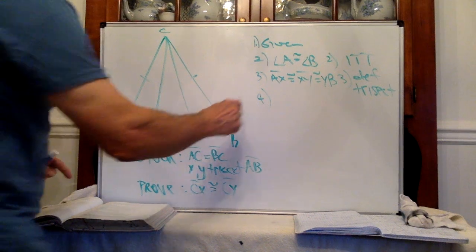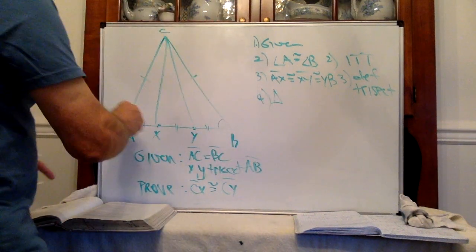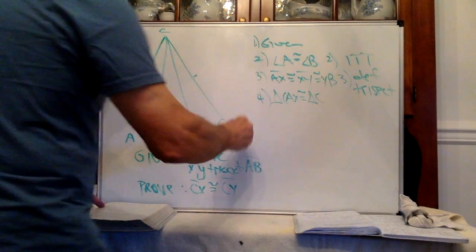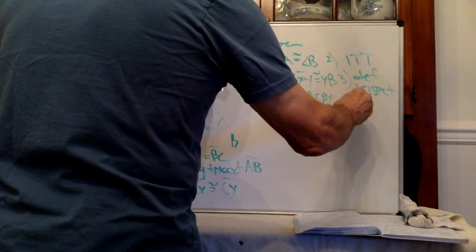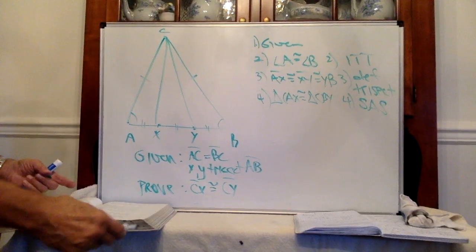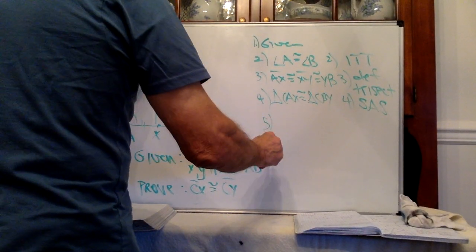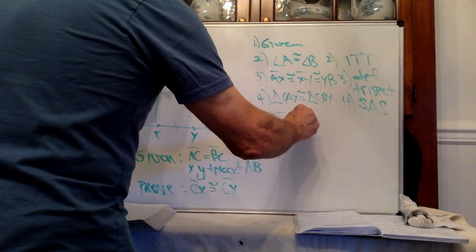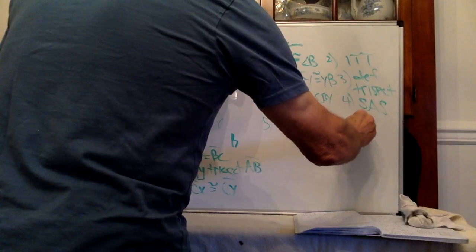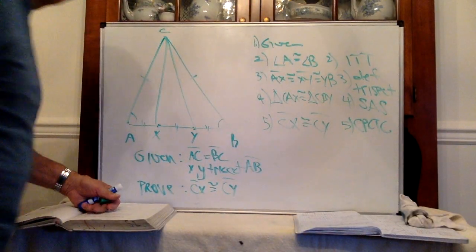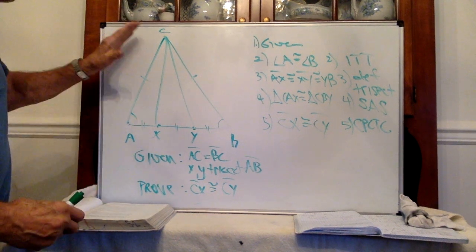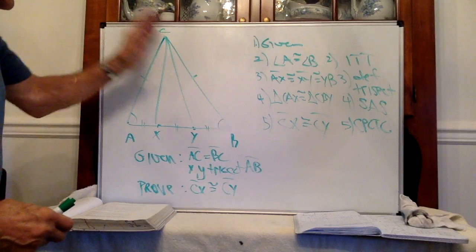So I've got triangle CAX congruent to triangle CBY by SAS. Since they are congruent, corresponding parts CX and CY are congruent by CPCTC.